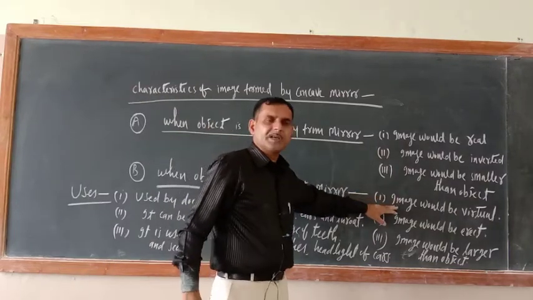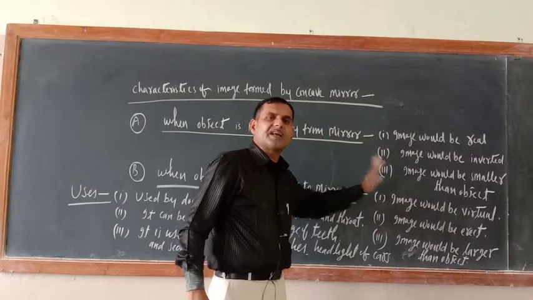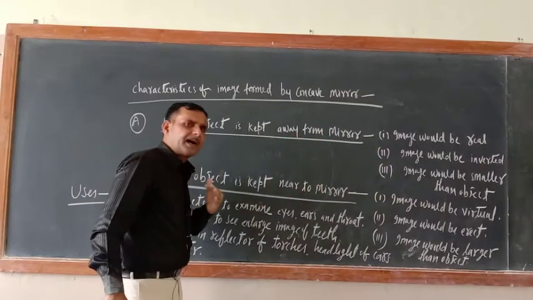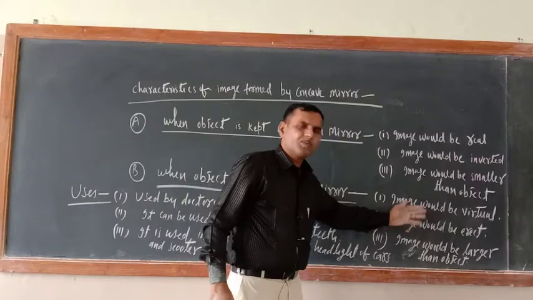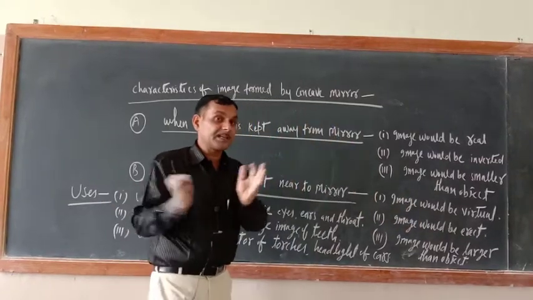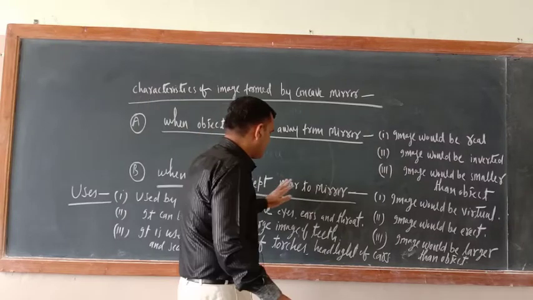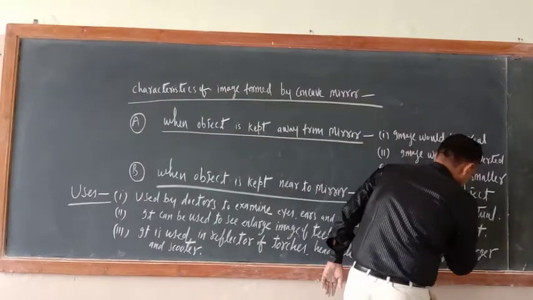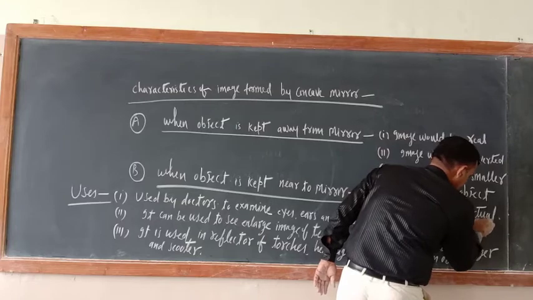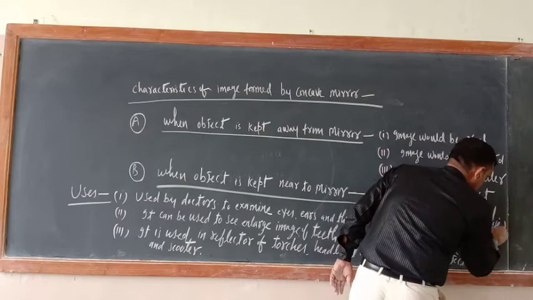Now try to understand. The virtual image would be formed when you keep it very close. If it is a little bit away, then the image would be erect. If it is very close, then only you can write here: kept near to mirror, write very close, then virtual.